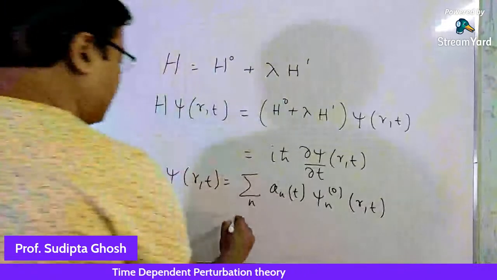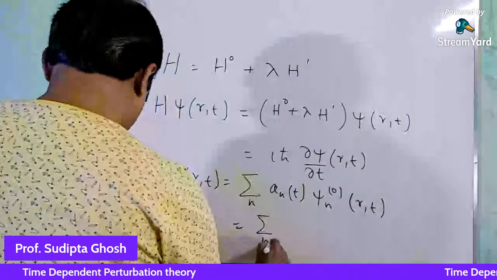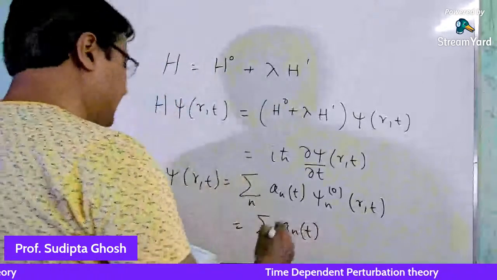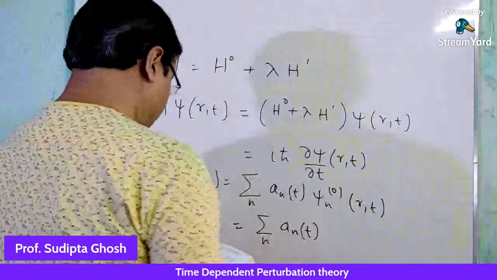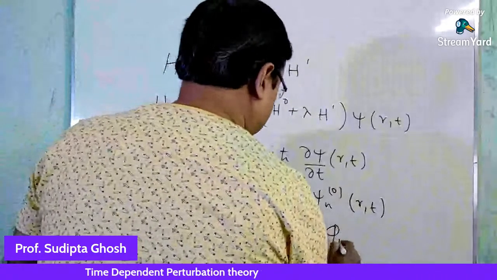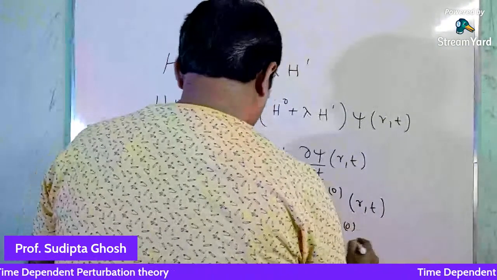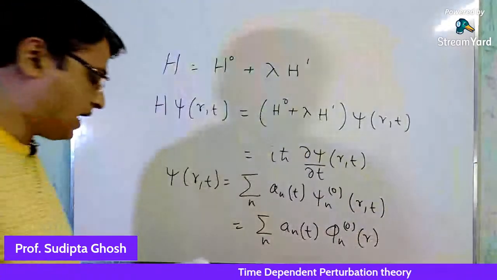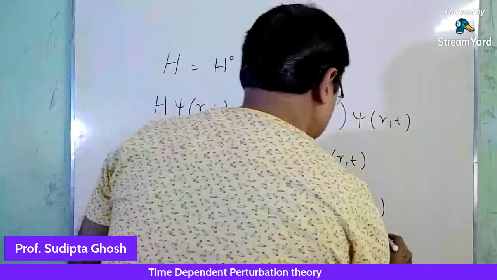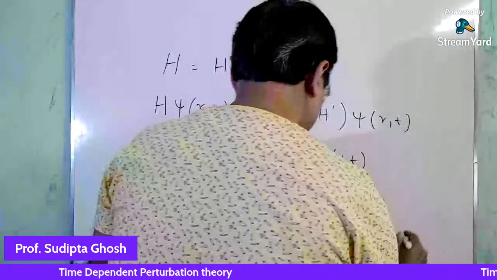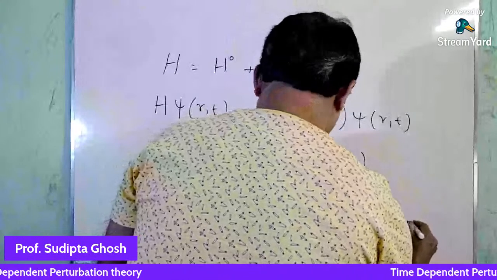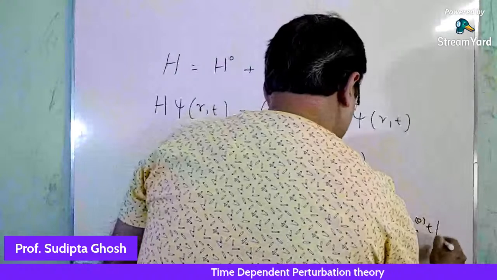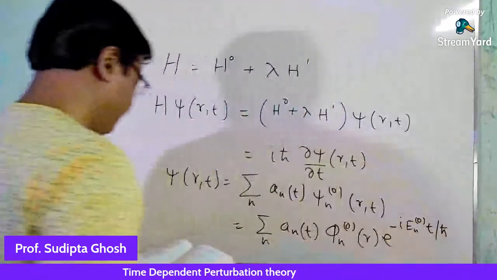Or we can write it as the summation over n of a n(t), then psi n0 expanded as phi n0(r), a function of position, and then comes the time dependent part, e to the power minus i E n0 t by h cut.